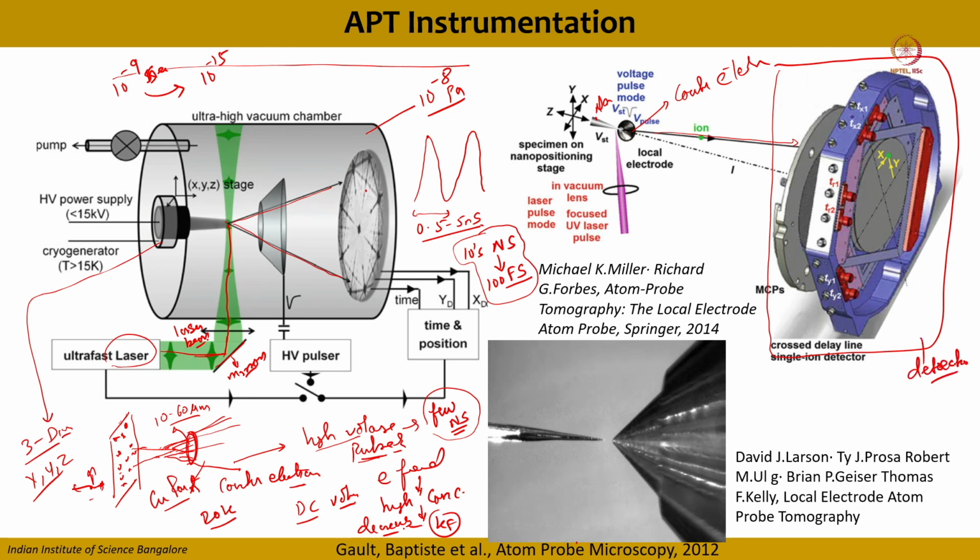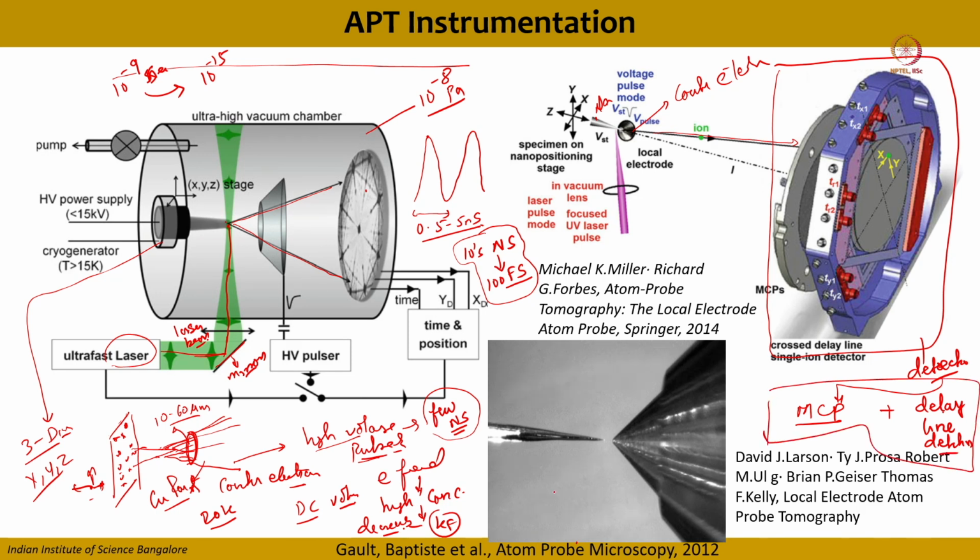Okay, this detector consists of two parts. As I told you last time, these are the MCP, multi-channel plates, plus there is a position sensitive detector, which we call delay line detectors. So our typical detector consists of these two important parts.